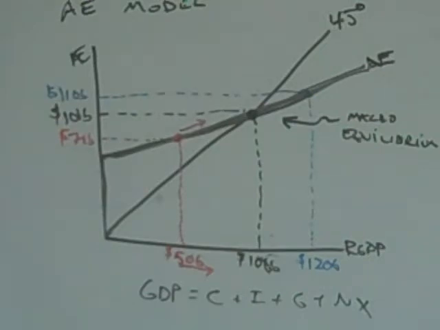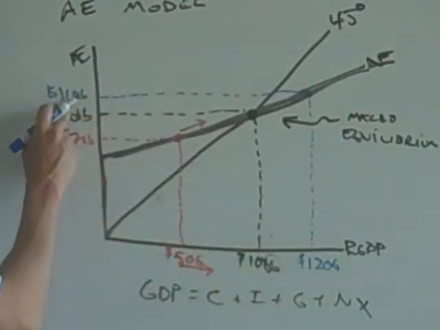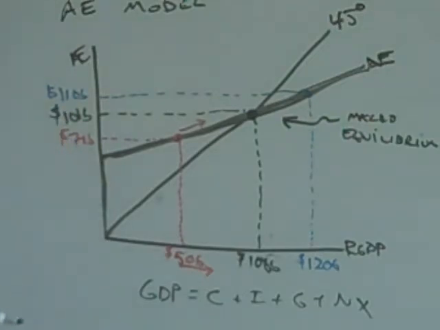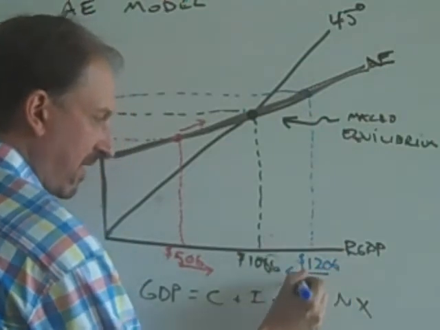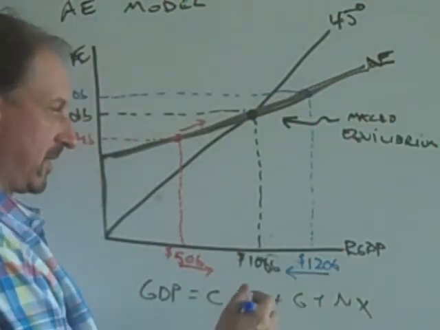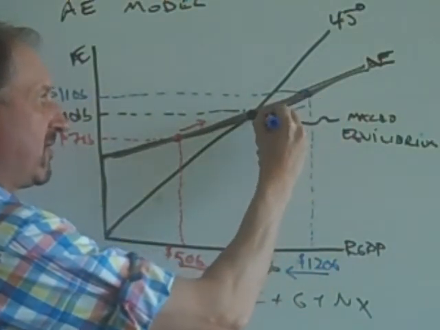So managers across the country now walk out to that same warehouse and they say, wow, there's a lot more stuff in here than I expected there to be. We made $120 billion worth of stuff, but people only bought $110 billion worth of stuff. My inventories are really starting to get big. So if that's true, they cut back on production, they lay some people off. Sad part of the story, they turn some assembly lines off and GDP falls, and this point drifts in that direction.